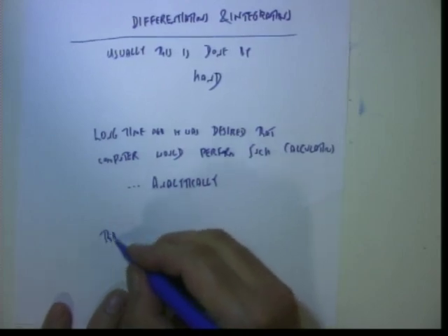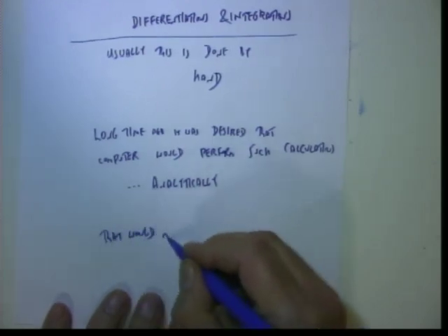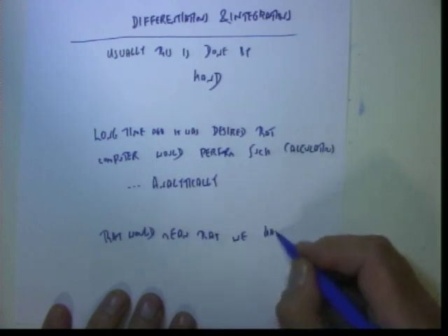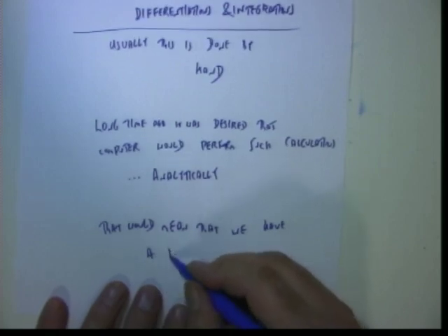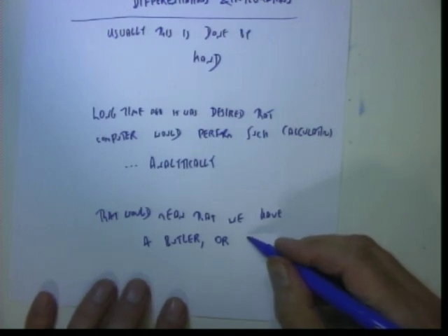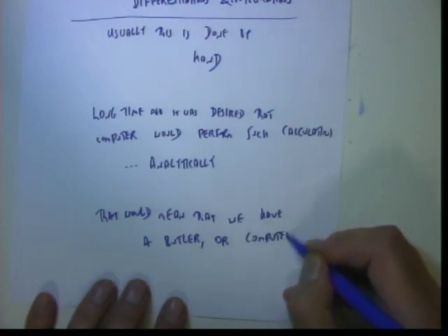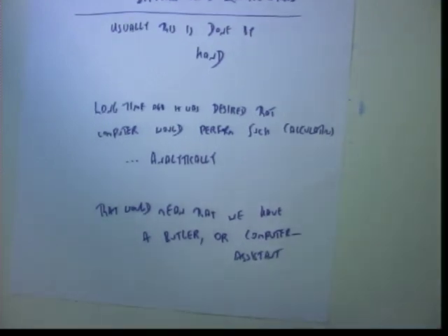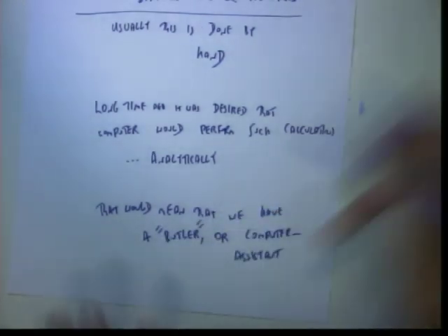It would be nice for the computer to do such a substitution, integration, etc. So that would mean that we have a butler, if you want, or a computer assistant that does our job. Like butler we should take in parentheses, of course.